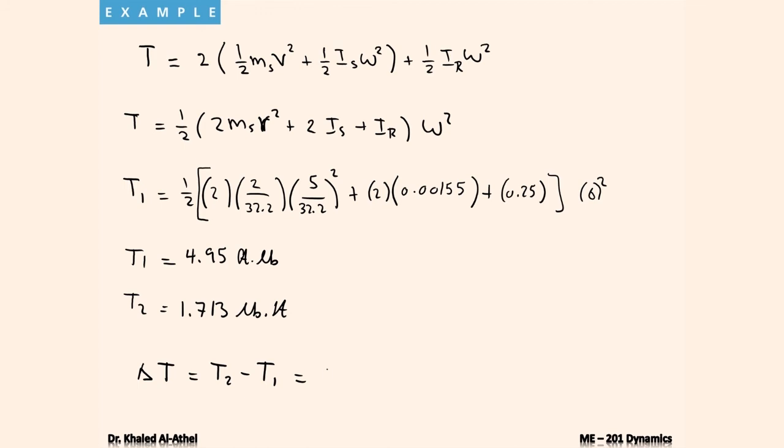And this difference gives me 4.95. Sorry. This will be 1.713 minus 4.95. So energy loss means it's negative, as you can see, 3.24 foot pound. And this solves the problem for you.